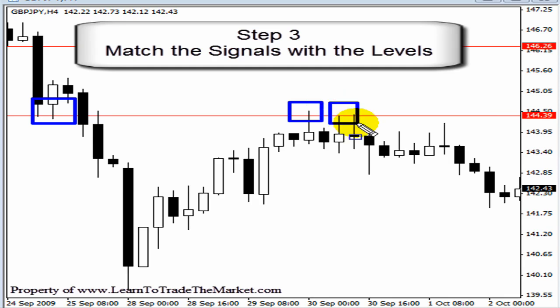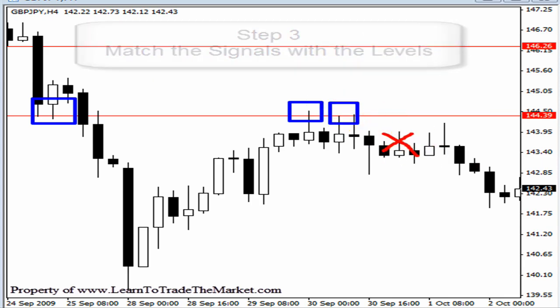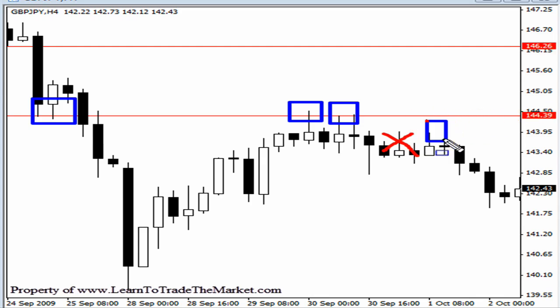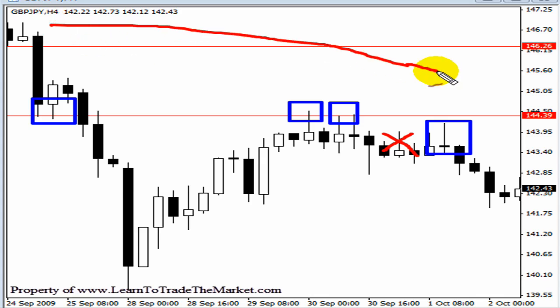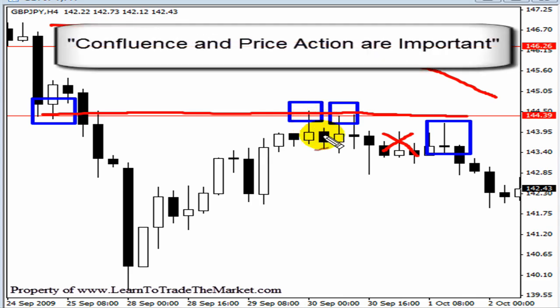Here's those second signals, and as I said, this one probably would have been a scratch trade, and this one here a nice winner. So let's just recap. We've got that downtrend momentum going. We've got the horizontal level, which I've shown you how I identify, marking those hook points, and then we draw the line across, and you can see the confluent price action signals. Now this is where everything aligns and comes together, and I call that the hot point.